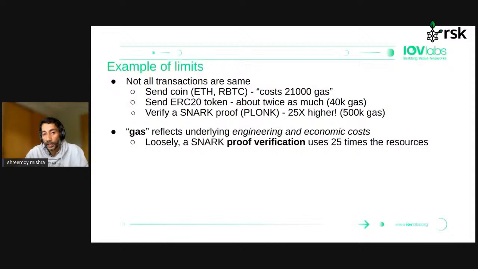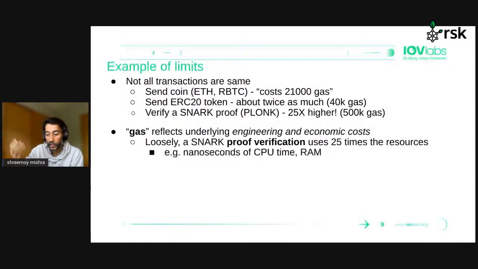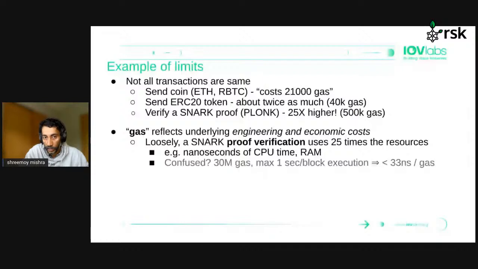Now, some of you may not be familiar with this idea of thinking about resource usage and gas. But a simple way to think about it is to think of block limits, which are often in terms of gas. Ethereum nowadays has a maximum possible block limit of 30 million gas. On RSK, it's 6.8 million. No matter what the block sizes are, we still want to execute these transactions in about 1 second or less.